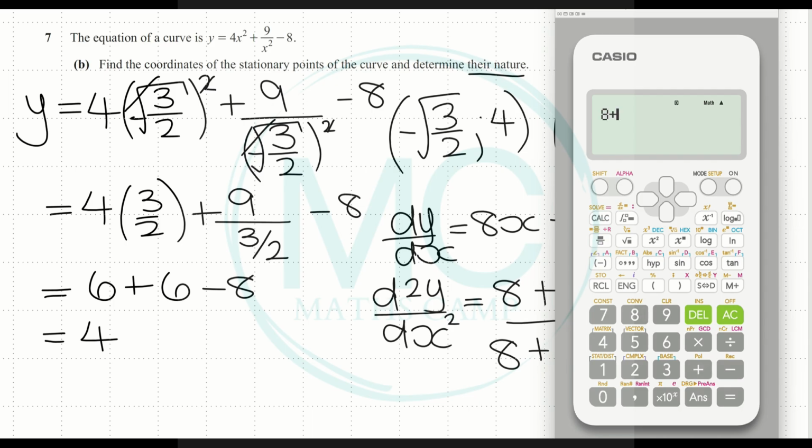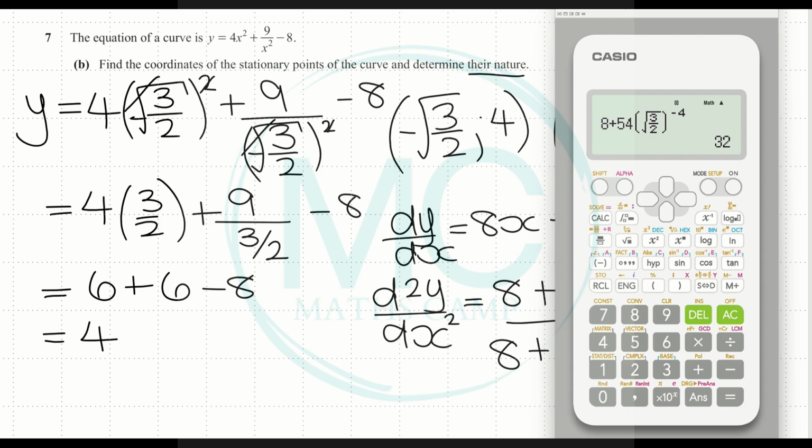8 plus 54, open a bracket, the square root of 3 over 2, close the bracket. Make sure that your bracket is outside of your root, with an exponent of negative 4.